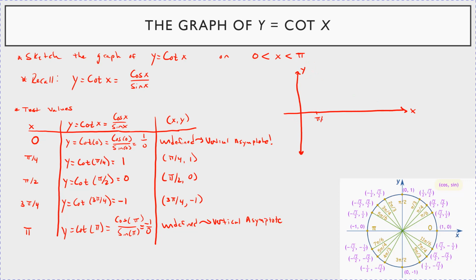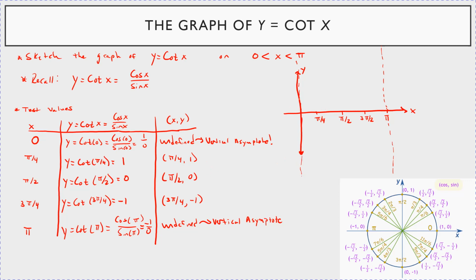Then I have pi over 4, pi over 2, 3 pi over 2, and then pi. And look what's happening here. At pi, you have this vertical asymptote, like this. At the y-axis here, x is equal to 0, you also have a vertical asymptote.